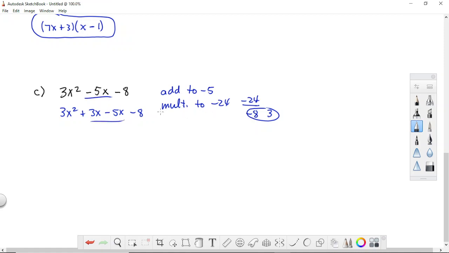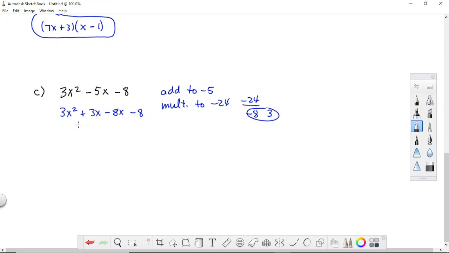Oh, I wrote down 5, it should be 8. Sorry about that. That's going to combine to make negative 5x, right? We found the numbers that make it work. Negative 8 and positive 3.